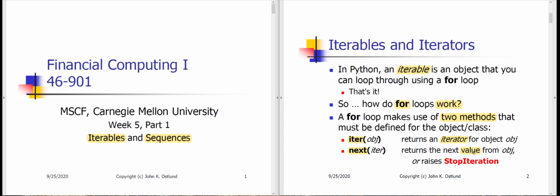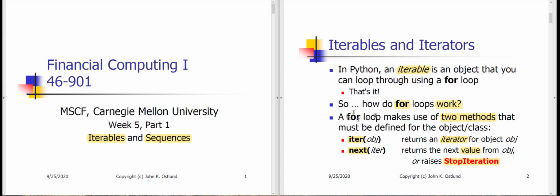Now, if you try to obtain the next value from an object through its iterator and there aren't any values left, a StopIteration exception is raised. Okay, so you can keep asking for the next value. Eventually, you'll run out of values to obtain, and this StopIteration exception will occur.